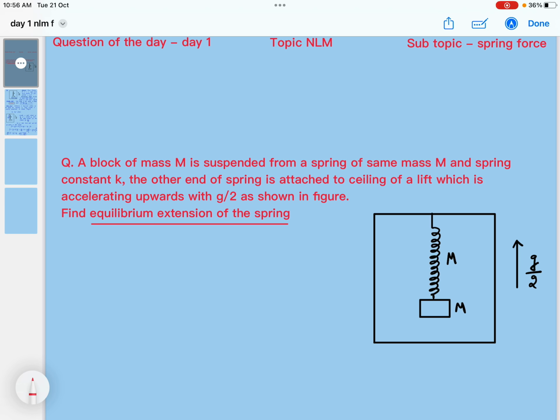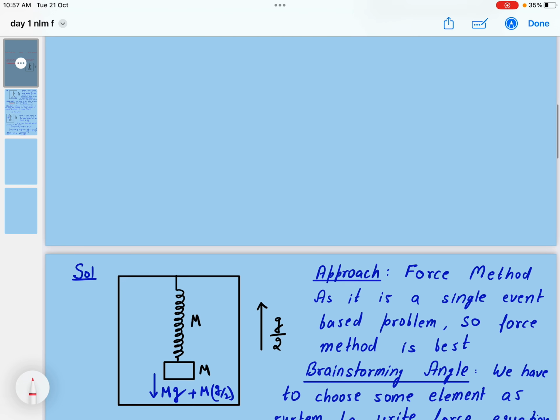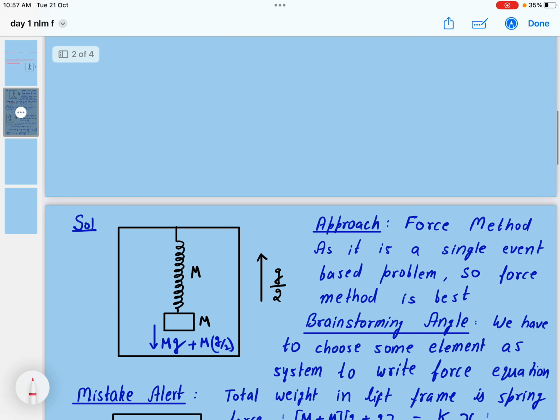So once we have decided the approach should be the force method, we should try to write a force equation on some element in the lift frame, right? It's quite clear that we have to select some element as our system, and on that system see what force is acting. We'll write the force equation and we'll get the extension. That should be our approach and brainstorming angle, right?